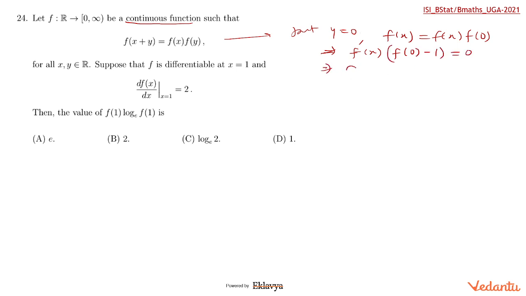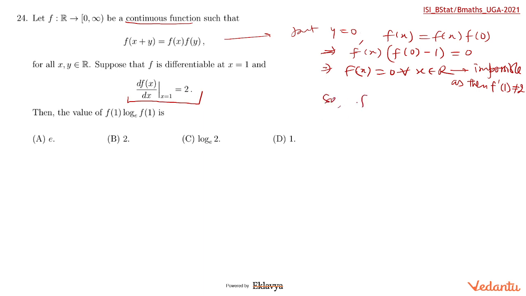So from here either f x is 0 for all x, which is not possible, impossible, because then the condition f dash 1 is not 0 won't be satisfied. So whatever f x is, f 0 should be 1, this is certain.